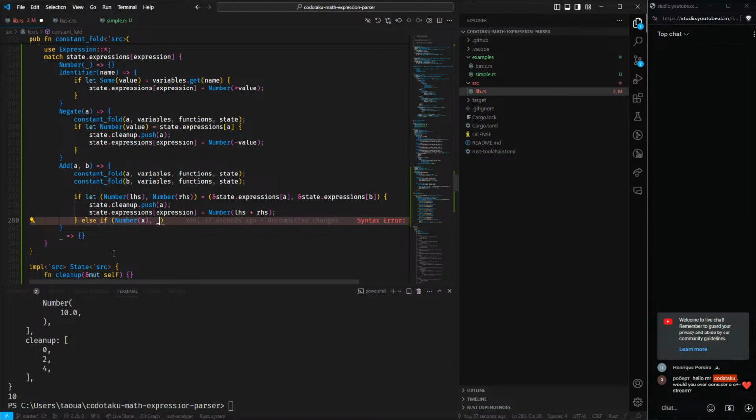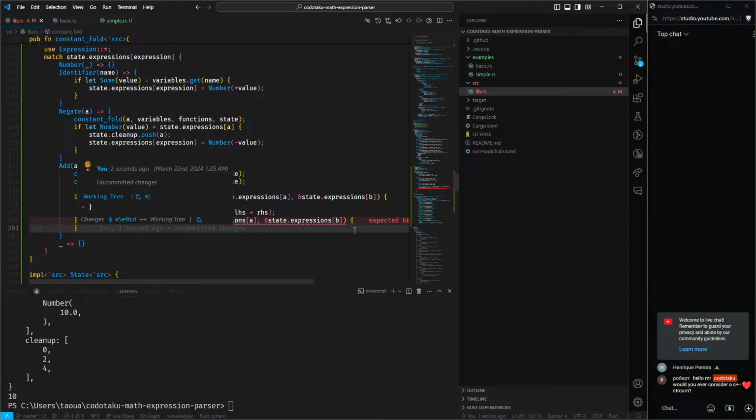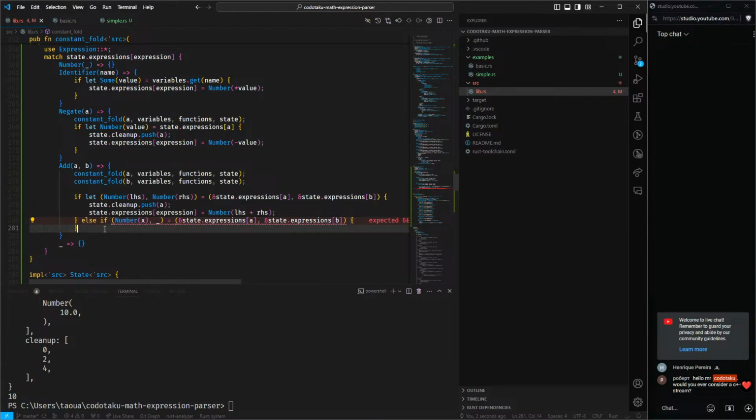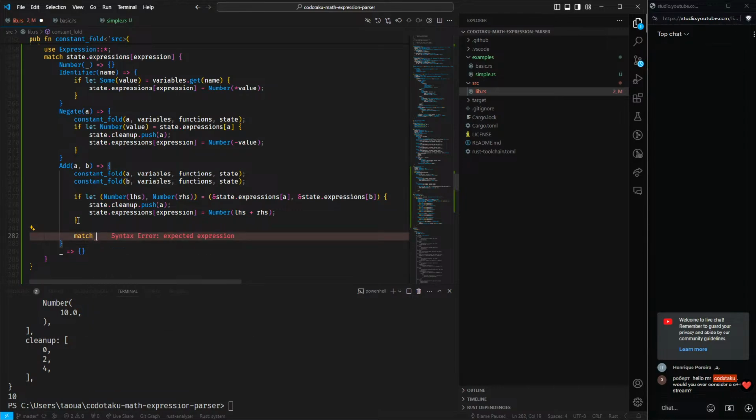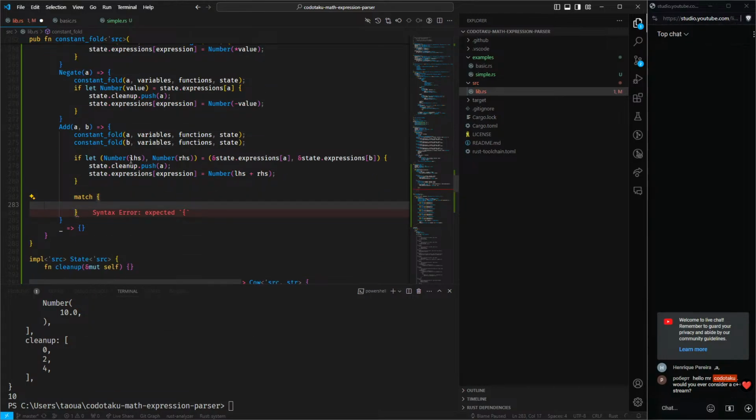Hold on, I'm trying to think. What if I do this equal to this? I mean, actually, can't I just match this, really? Hold on, let me try to match this instead. Maybe that would be better. Match, okay, of course, on this whole tuple, actually.